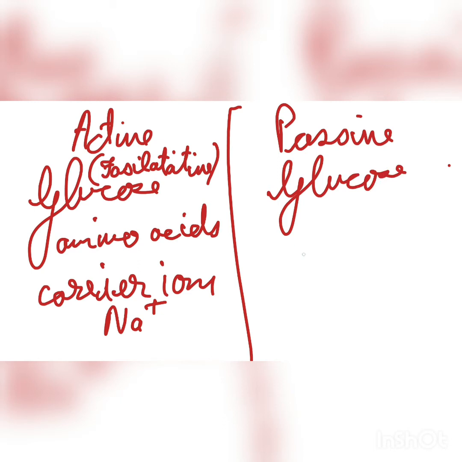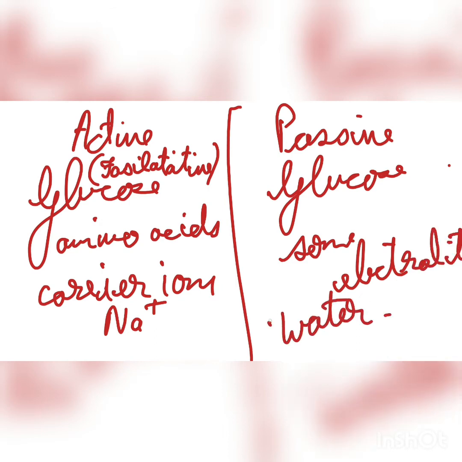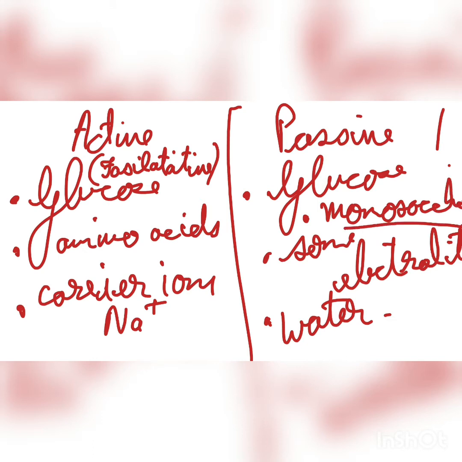And moving further, there are some electrolytes like chloride ions, and yes, water is also transported by the passive method, and monosaccharides are also transported by the passive method. Passive transport can also be known as simple diffusion, and active transport is also called facilitated transport.